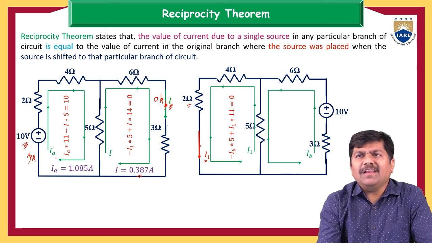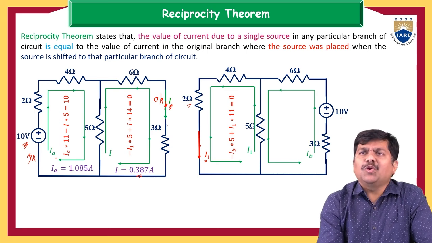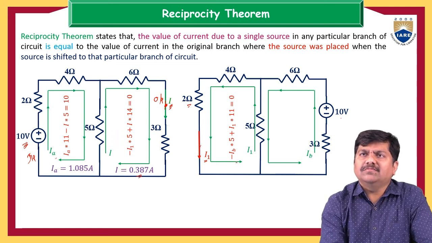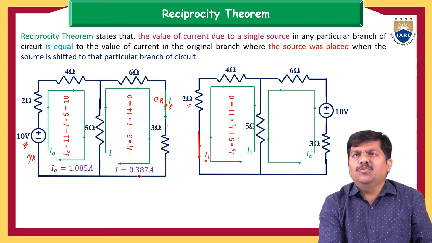Similarly, apply the Kirchhoff voltage law for the second loop of the second circuit. The drop across the 6 ohm is 6 times IB. Drop across 3 ohm is 3 times IB. Drop across 5 ohm is 5 times IB minus I1. That is the small difference, because this 5 ohm is shared by two loops, the first loop and the second loop.